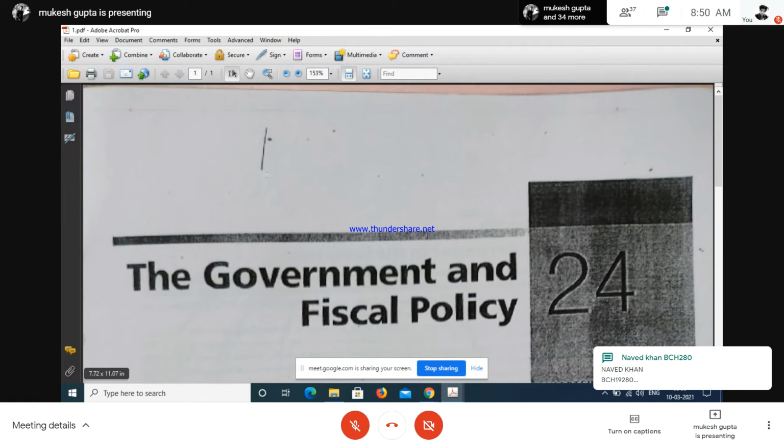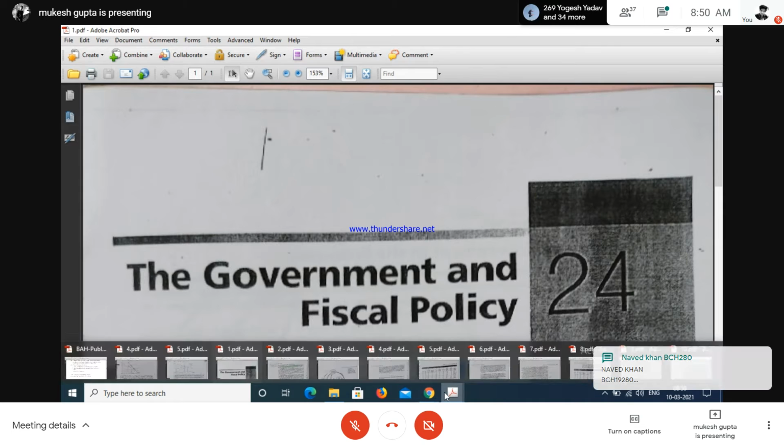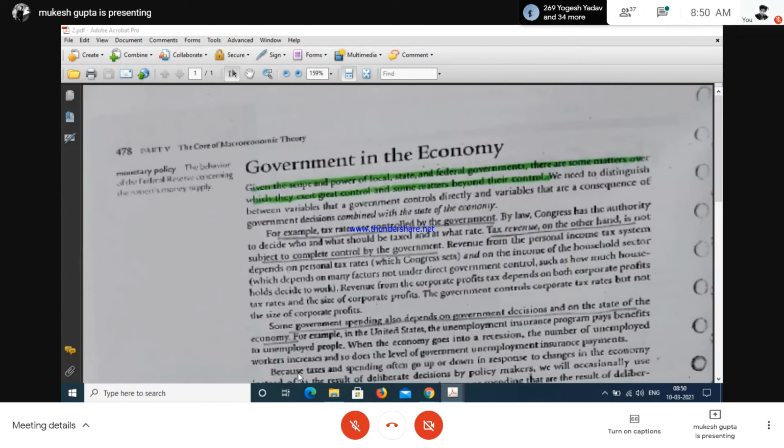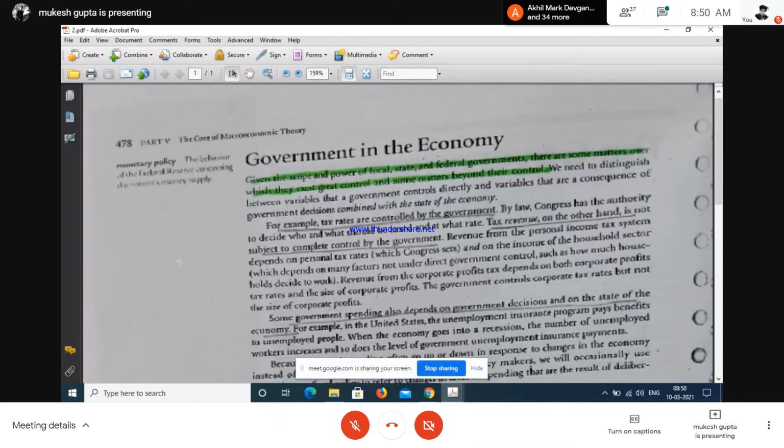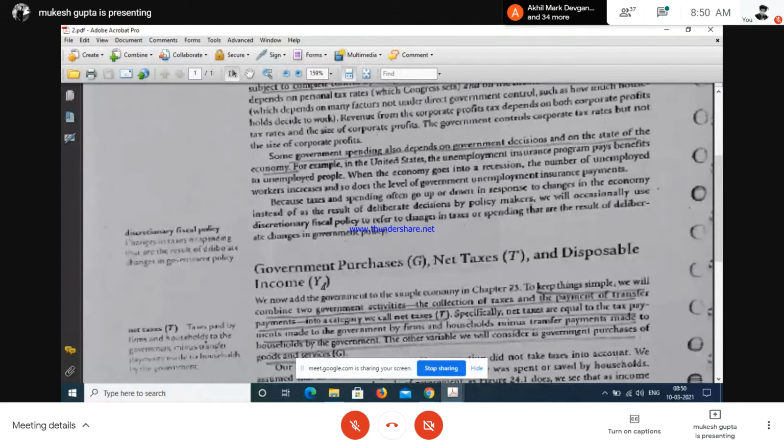I think in macroeconomics you have done a lot about this. First, there are some terms: government purchase, net tax, and disposable income. Government purchase is basically government expenditure, and net tax is the tax imposed by the government.